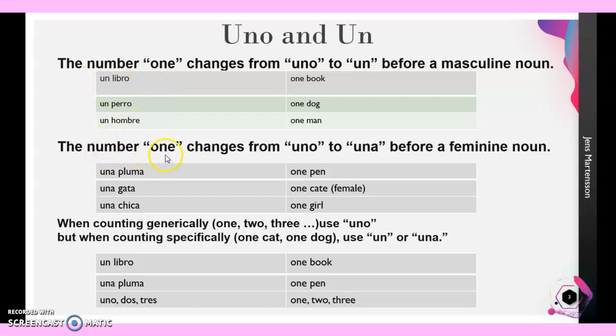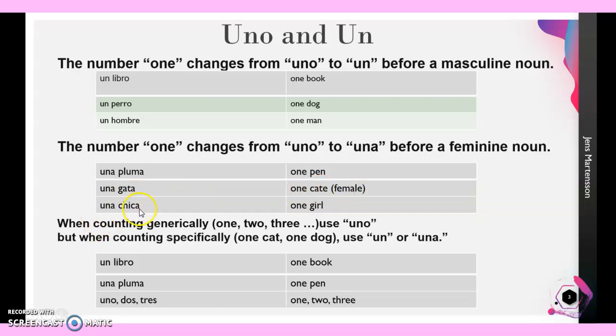The number 1 changes from uno to una before a feminine noun. So now we're talking about a feminine noun. Un is masculine, una is feminine. So pluma is feminine, so we're going to use una pluma. Una gata, one cat, feminine.